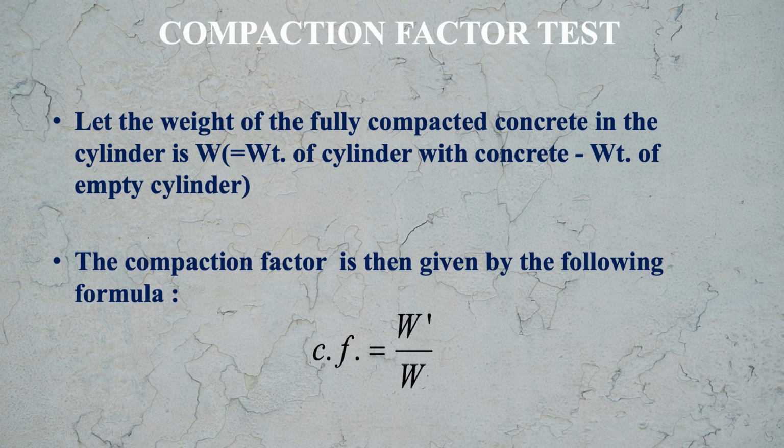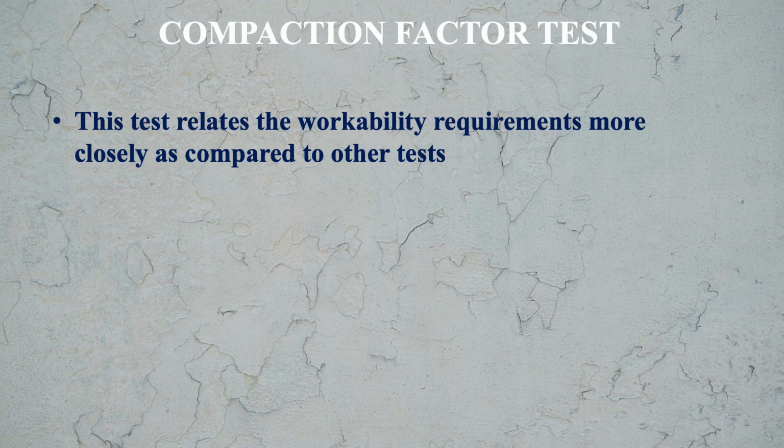So the compaction factor CF is given by W dash upon W, meaning the weight of the partially compacted concrete divided by the weight of the fully compacted concrete. This test relates to the workability requirements more closely as compared to the other tests.